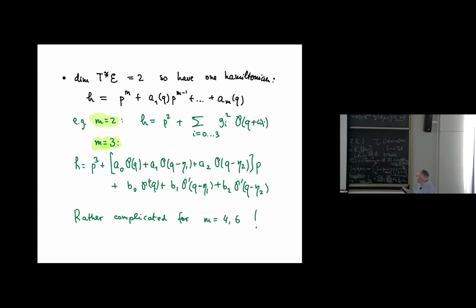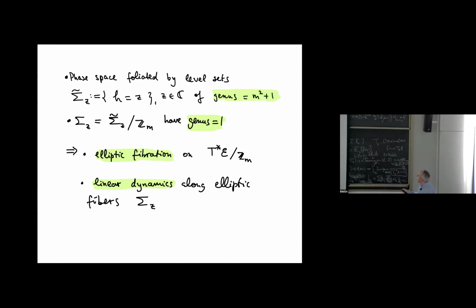Okay, so this is just one Hamiltonian, and of course, what you do is consider level surfaces of the Hamiltonian, and you would like to see elliptic curves appearing there. It doesn't happen like that. So of course you have foliation by levels of the Hamiltonian, and dynamics happens on these level surfaces. But these surfaces have a rather high genus, m squared plus 1. So for example, when m is 6, you get a surface of genus 37.